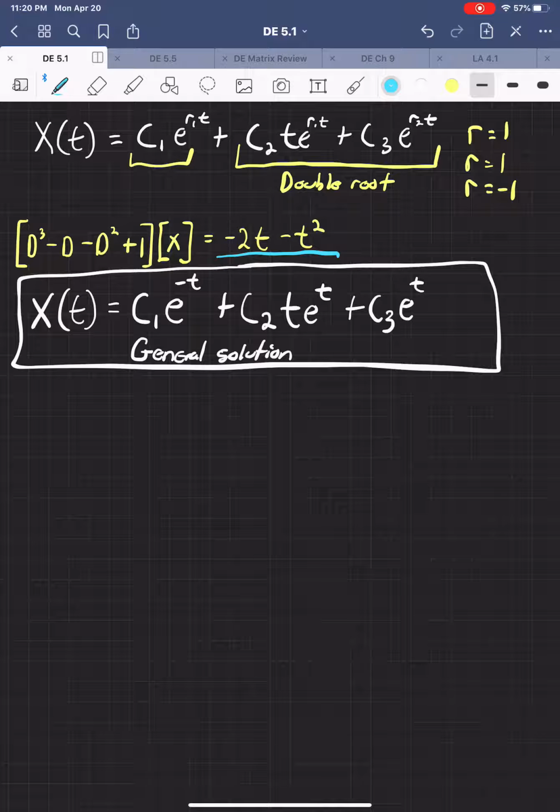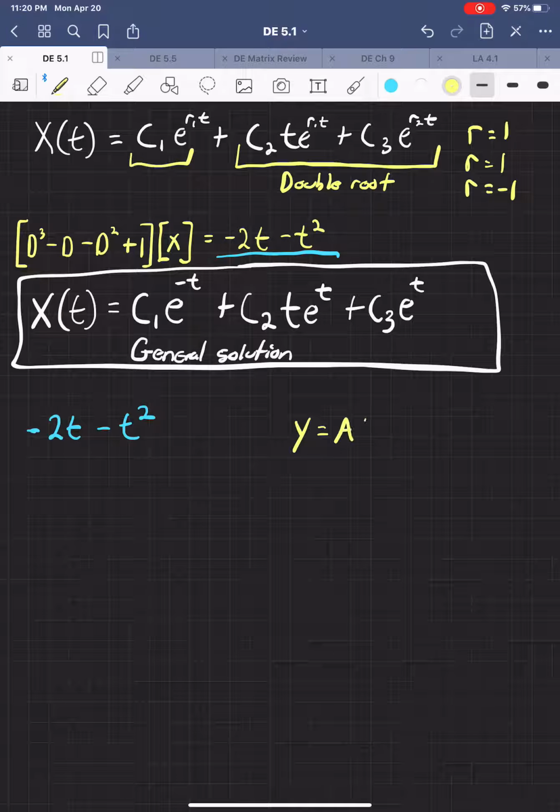So I'm looking at this negative 2t minus t squared, and I'm trying to think of what form y should take. Well, I'm seeing the highest degree is a degree of 2, so we definitely are going to want some type of quadratic for y.